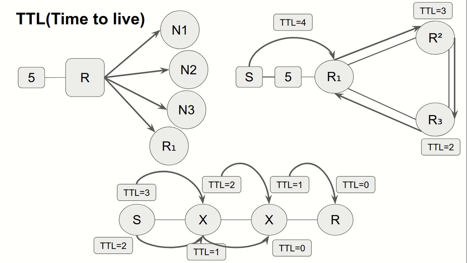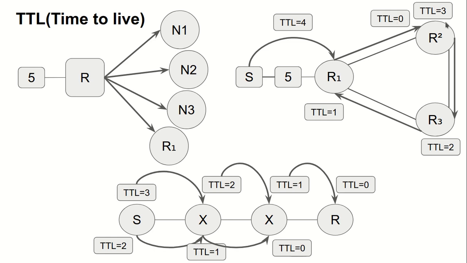After that jump again, the TTL value is equal to 1 when it jumps from router 3 to router 1. But now it is showing us that one jump is remaining. So let's jump from router 1 to router 2 again. In this way the TTL value is equal to 0.